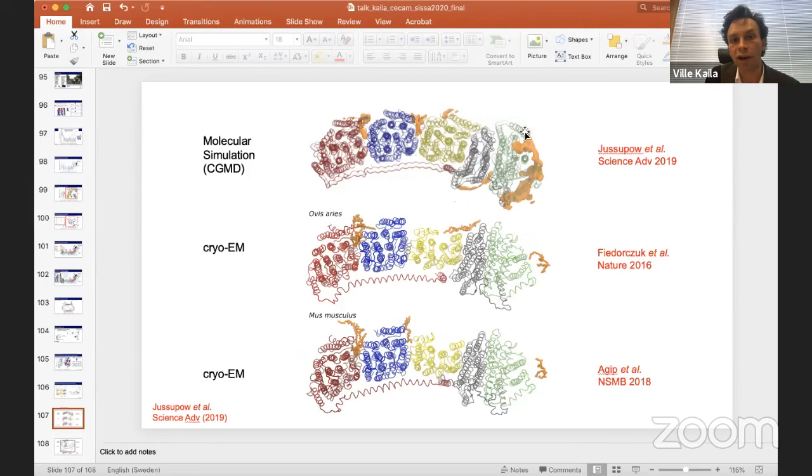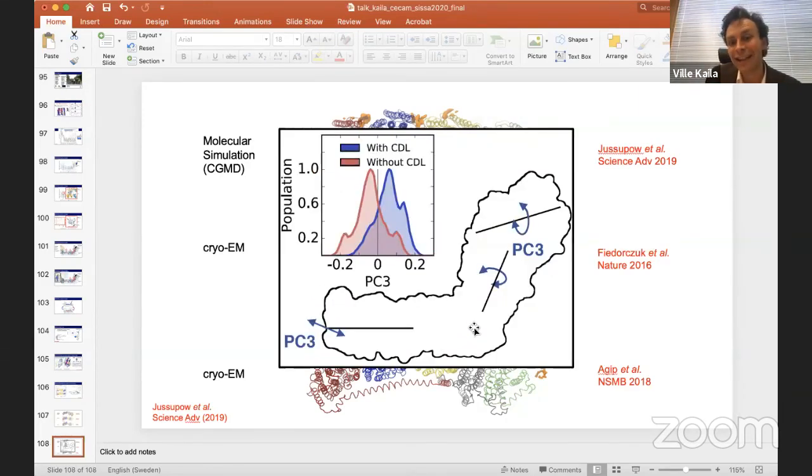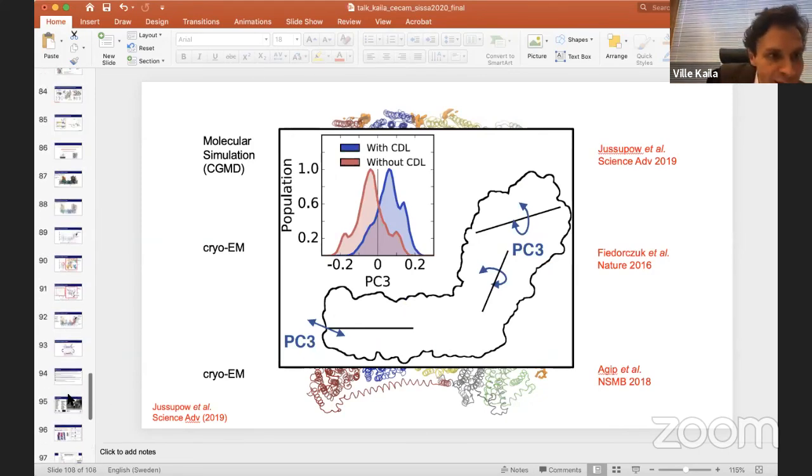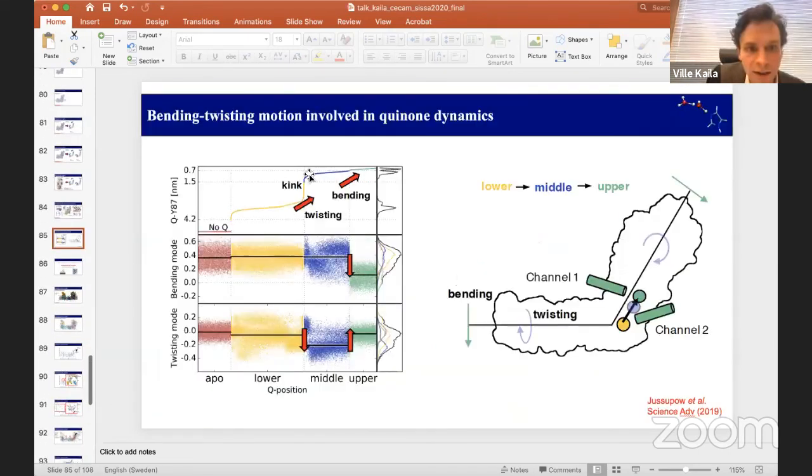You can see that cardiolipin associates with very particular places in the system, and they seem to match cryo-EM structures quite well. What cardiolipin does is that it actually affects these global motions, the twisting and bending motions.